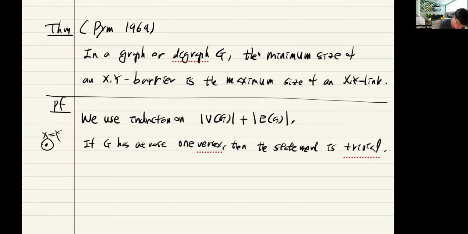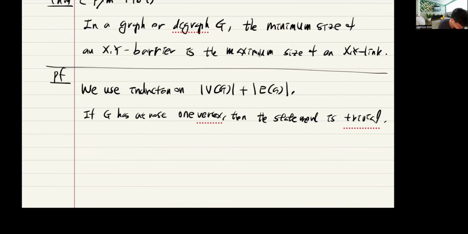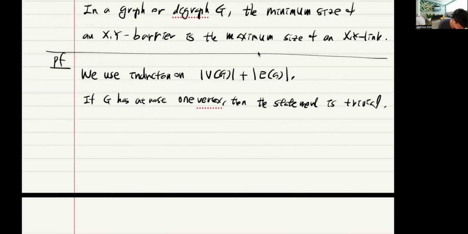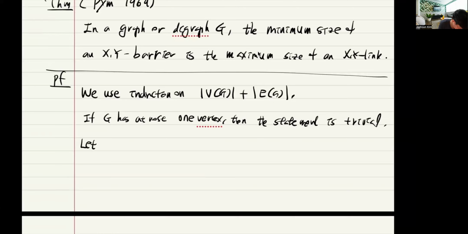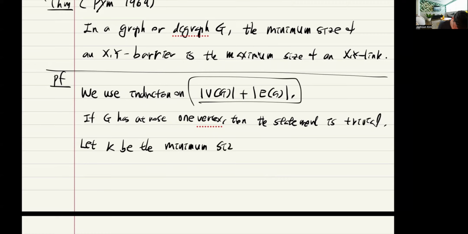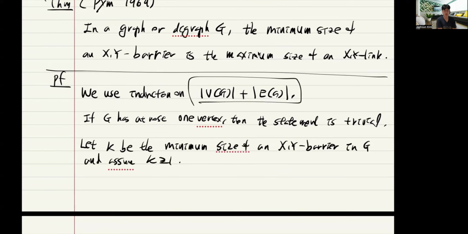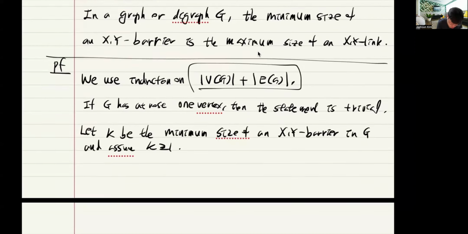The one-vertex path is what we wanted to find. So assume we had more than one vertex, and this parameter is bigger than 1, and let k be the minimum size of an XY barrier in G, and assume k is at least 1. If k is 0, then there is nothing to prove.